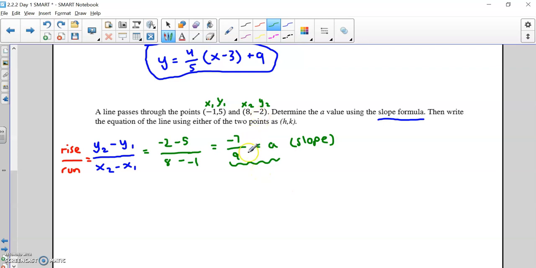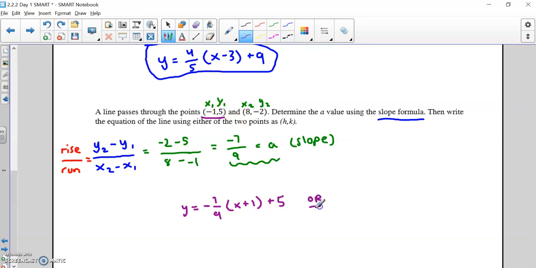The thing about this is that we can choose either of these points to go off of for our h and k information. So if we did it for this one, we can make the line that is -7 over 9. And then for our h and k, we would have x plus 1, since it's a -1, and then plus 5, since that k is a 5.